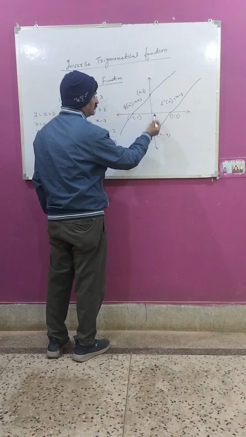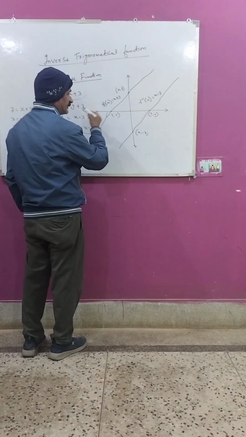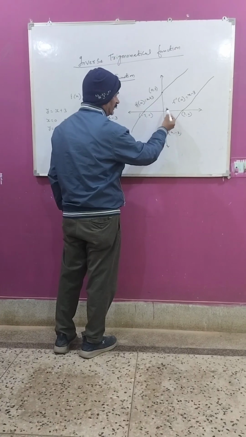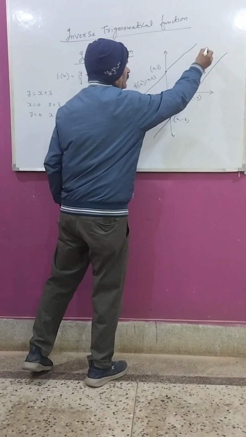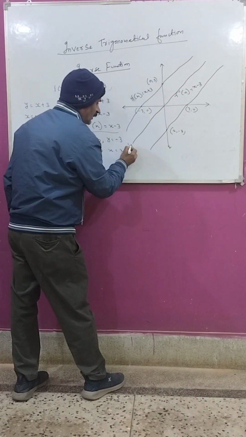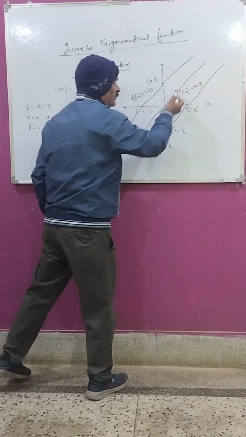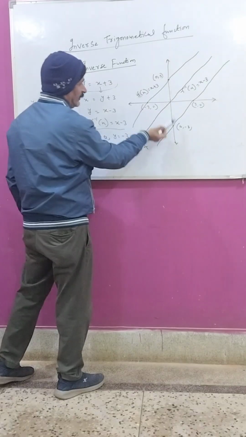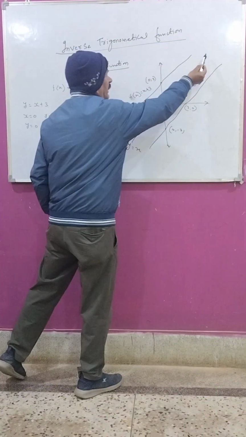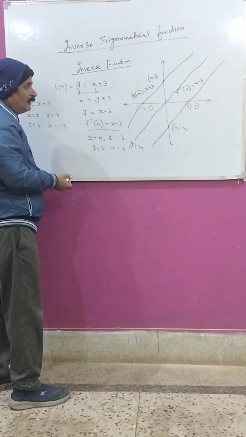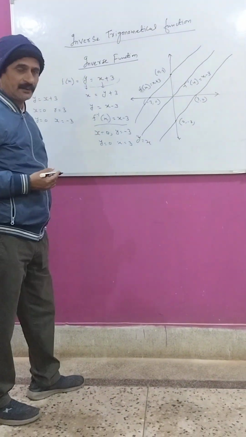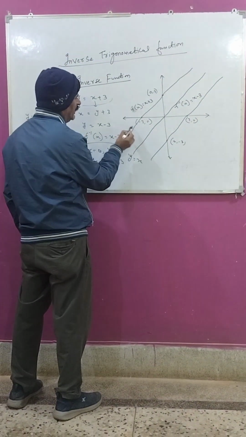Similarly, the portion at which the function cuts the negative x-axis, its inverse cuts the same amount of segment in the x-axis. So as a whole, we have seen that f(x) and f inverse x are mirror images, or symmetrical, about the line y equals x.